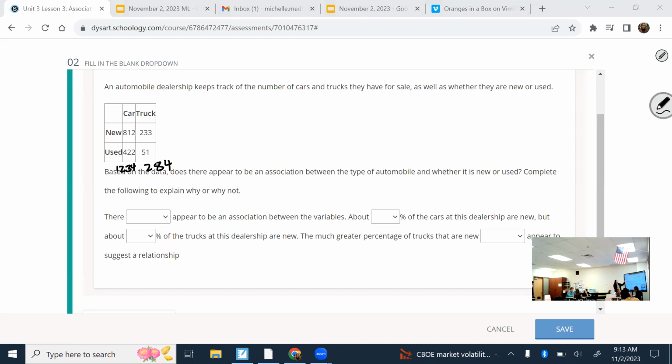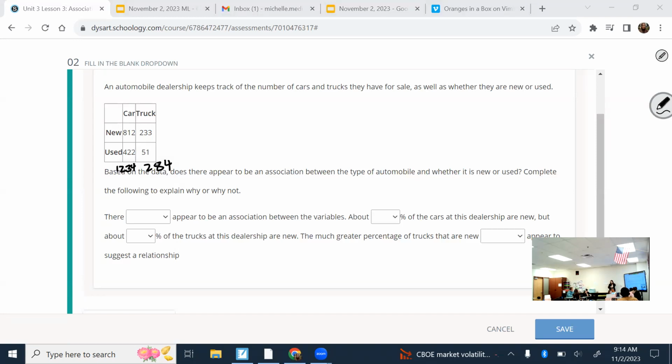So out of the people that bought cars, what percent bought them new? So that would be you taking the value here. And it would be 812 divided by however many total cars were bought, which was 1,234.